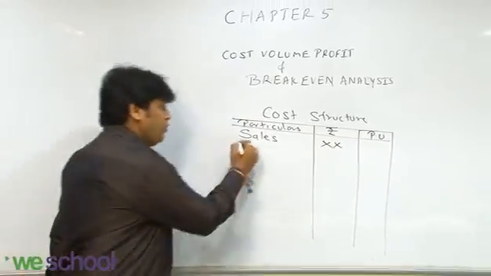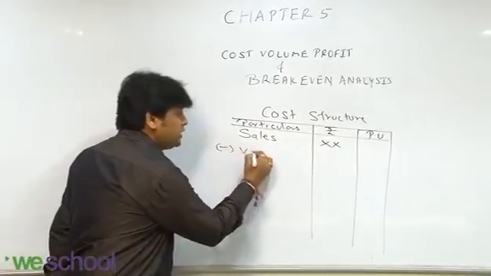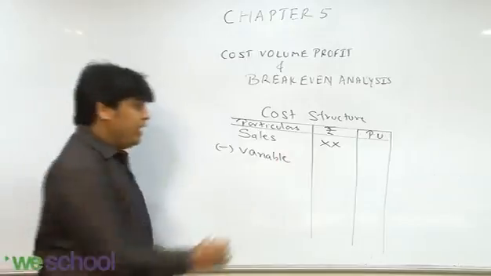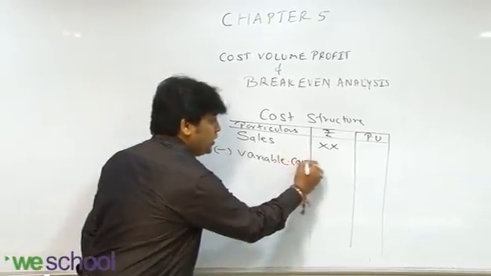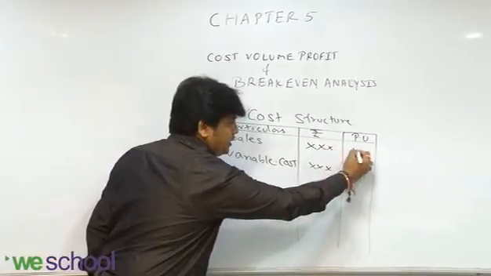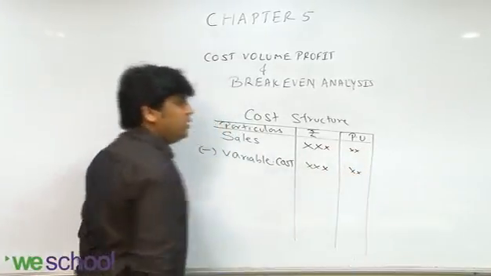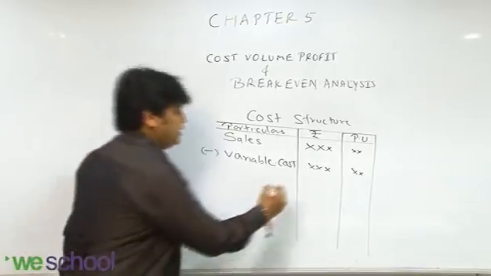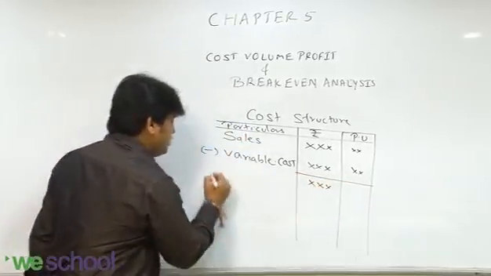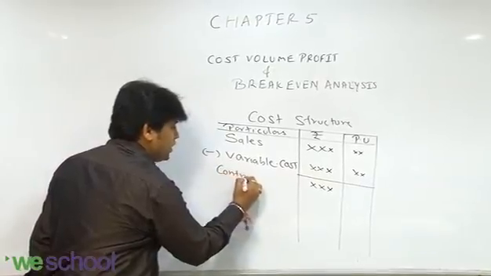From the sales you deduct, the very first is variable expense, variable cost. You deduct that. This is per unit cost, so I'm just taking it as small figures. Okay, so this will give you a contribution.